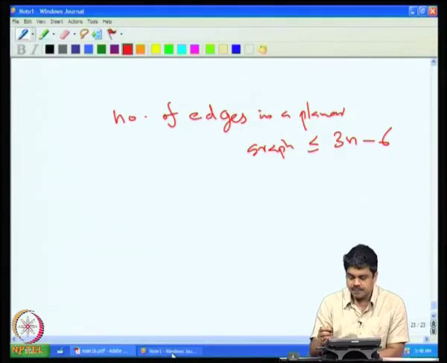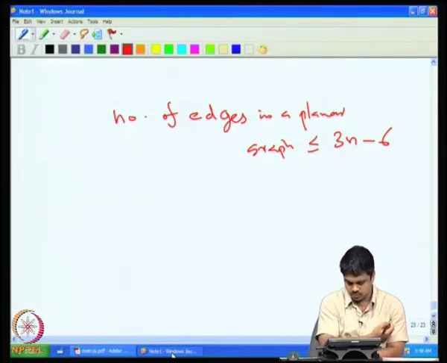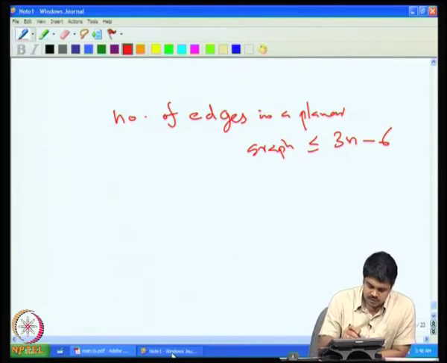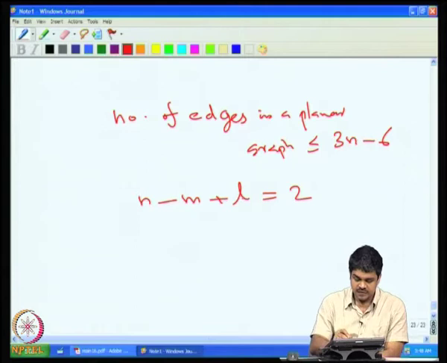So here, what are we going to do? The Euler formula tells us n minus m plus l equal to 2. Now, we want to get rid of this l.